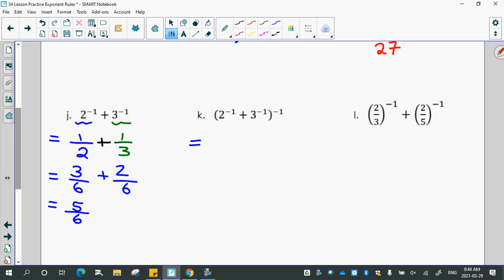And then I set these up beside each other because if you notice, this is what's inside the brackets. Everyone see that? So I can replace 2 to the negative 1 plus 3 to the negative 1 with 5 over 6.